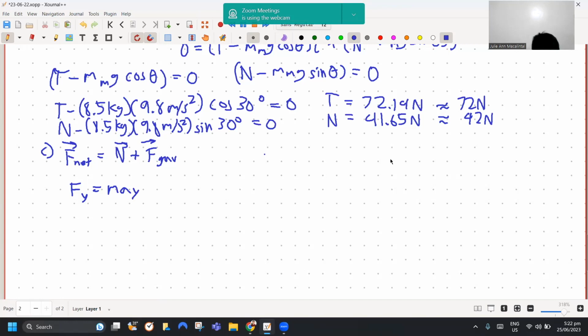We're looking at the y component of the net force. Tapos think about what is going to carry over from the first situation, yung may tension, and what's not going to carry over.